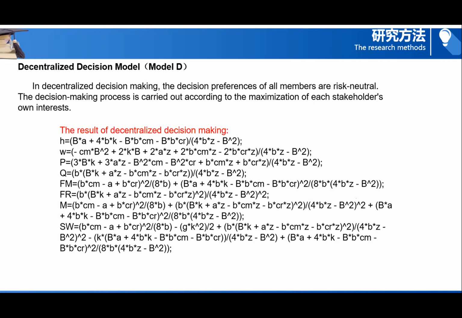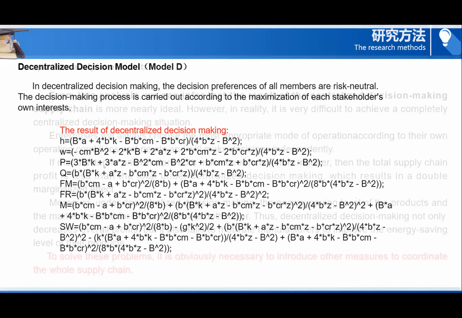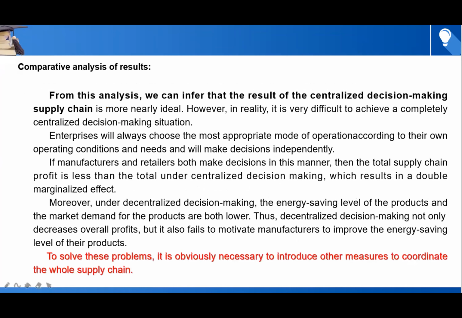That's what we compared, these models. From this analysis, we can infer that the result of centralized decision-making in the supply chain is more nearly ideal.